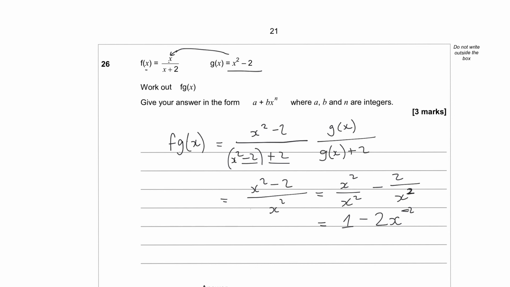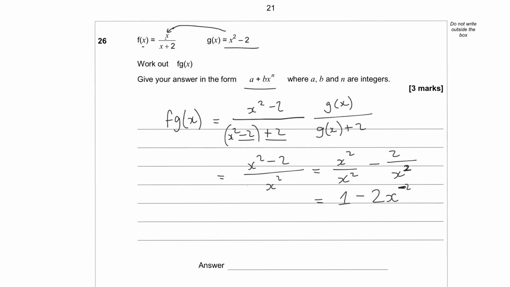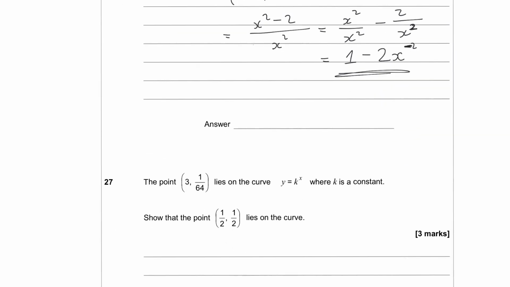So this is how we would write it, and this is good because this is the format that it wants us in. So we can happily say that our value of a is equal to 1 and b is equal to minus 2. Leaving it like this is fine as well. You wouldn't have to write what a or b is because they would allow that in the mark scheme.